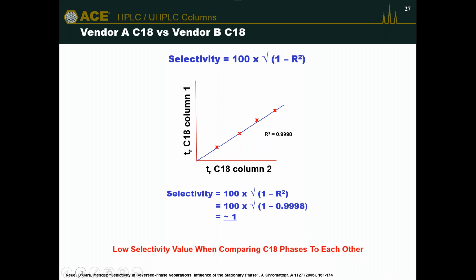So when you are just using C18 versus C18, they have the same type of interaction, so you get very similar retention times. You can see the fitting value within the graph is similar, and therefore I get a low selectivity value.